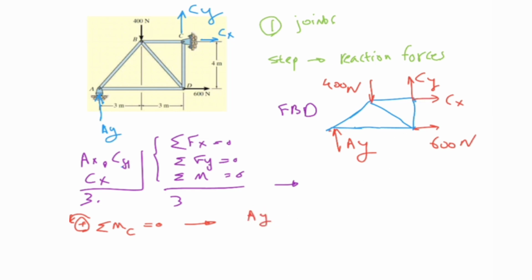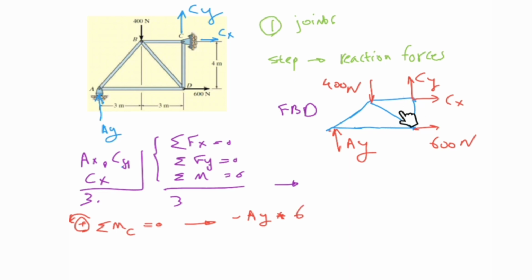That means that Ay is making a negative moment around point C, and its arm, the perpendicular arm of this force around that point, should be times 6.